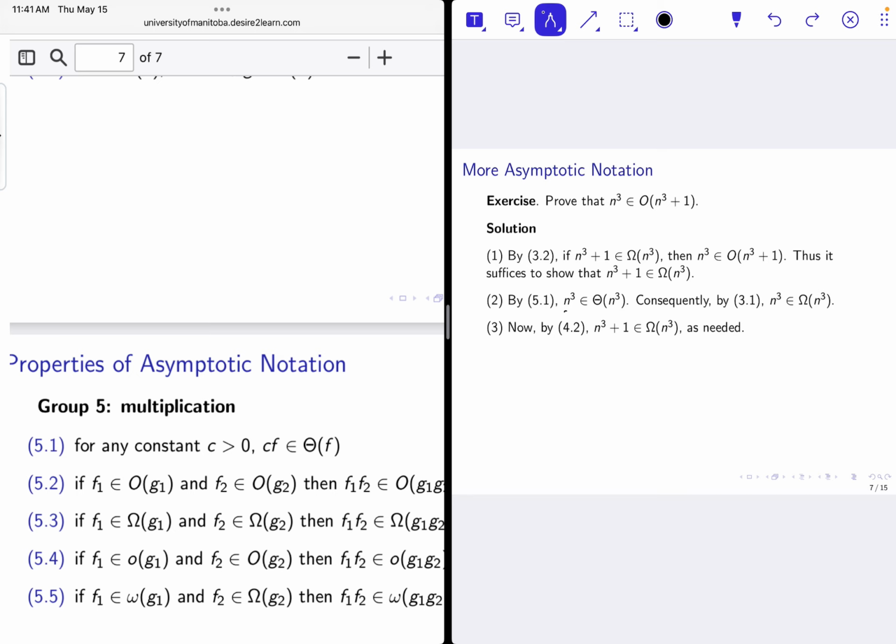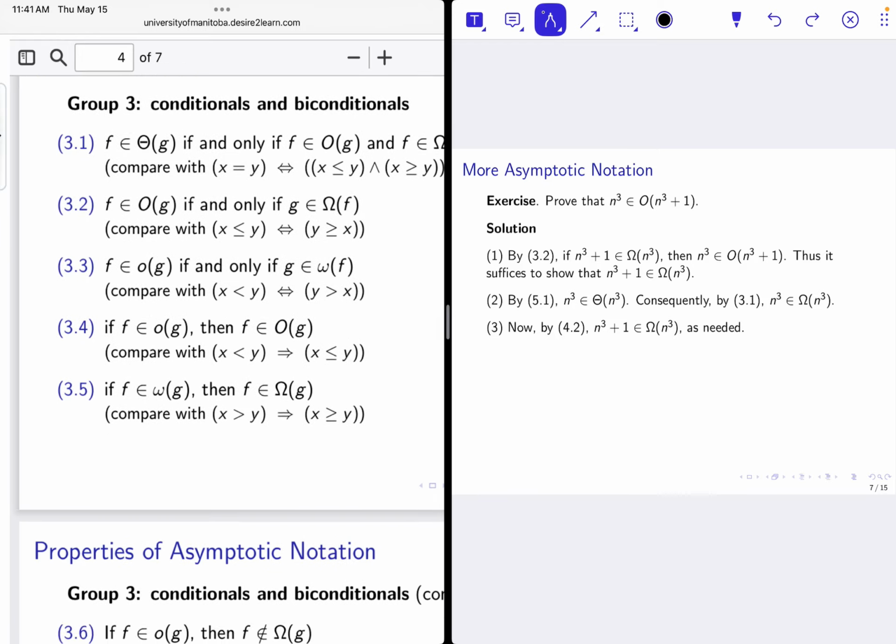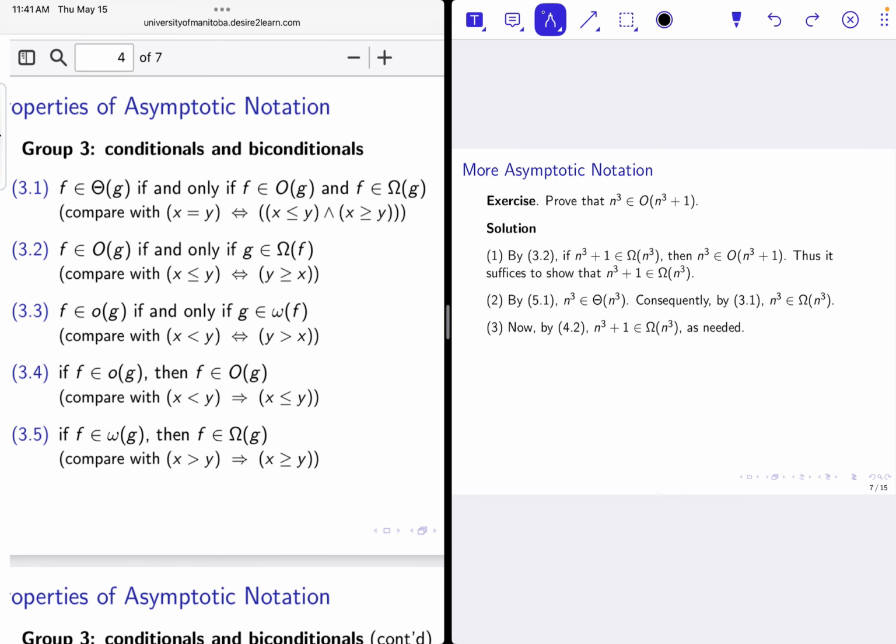Once you've pointed out that a function is in big theta of itself, there's a lot you can infer from that. Such as how the thing we've already proven about how n cubed is in big theta of itself implies that n cubed is in big omega of itself.